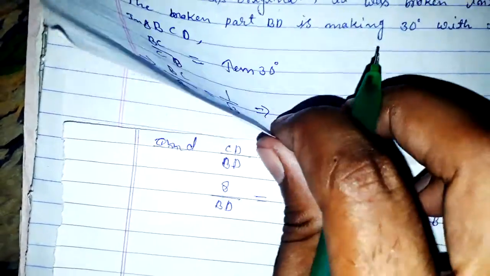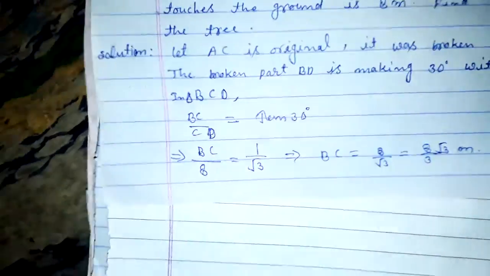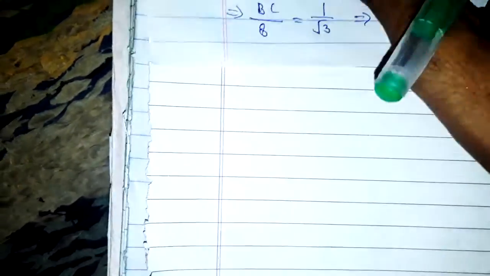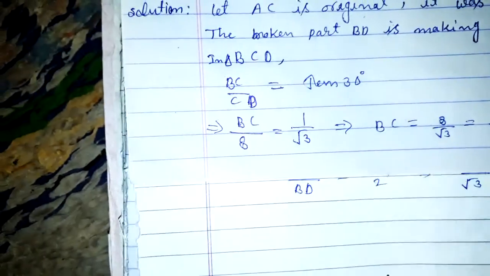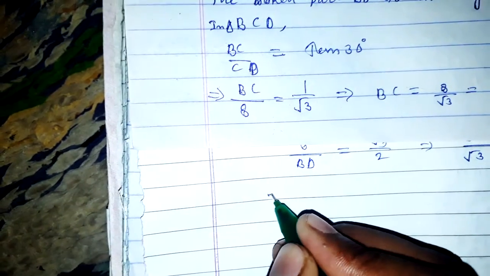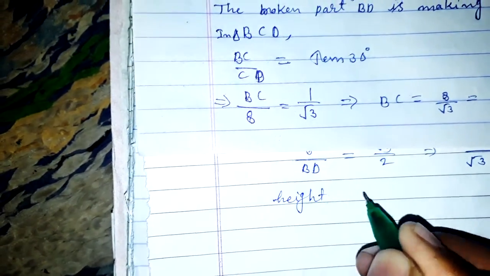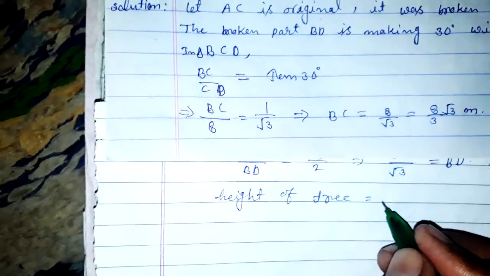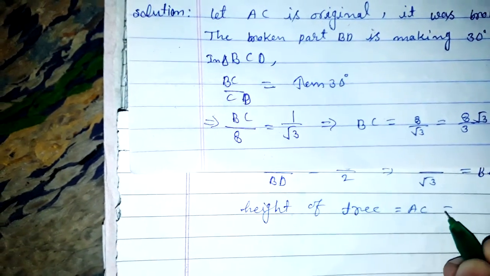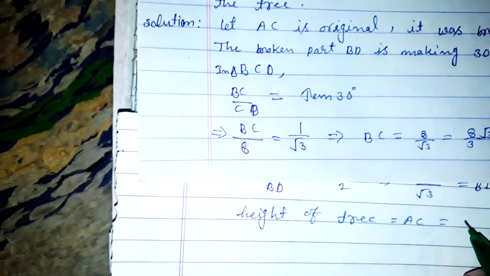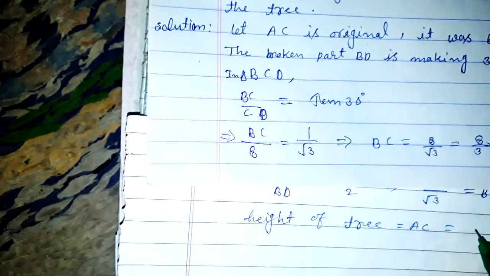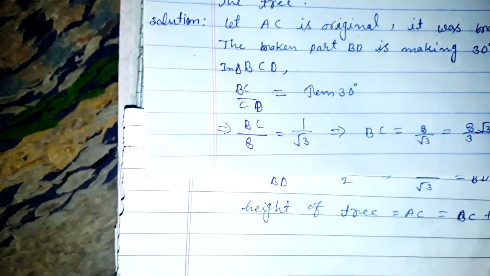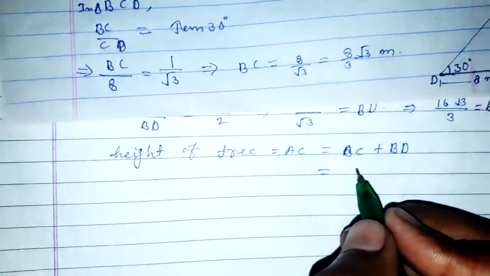The length of the tree, the height of the tree, AC, is equal to BC plus BD. What is the BC?